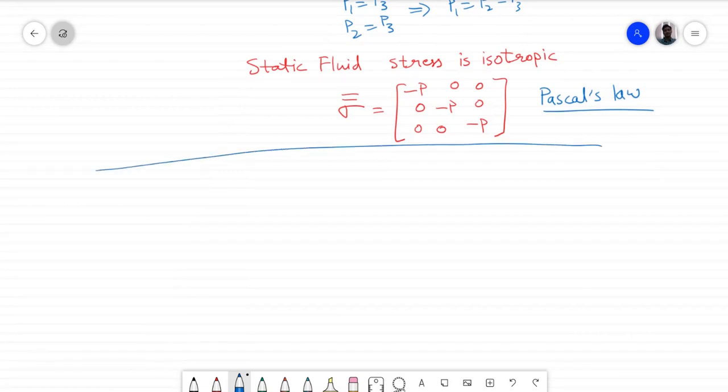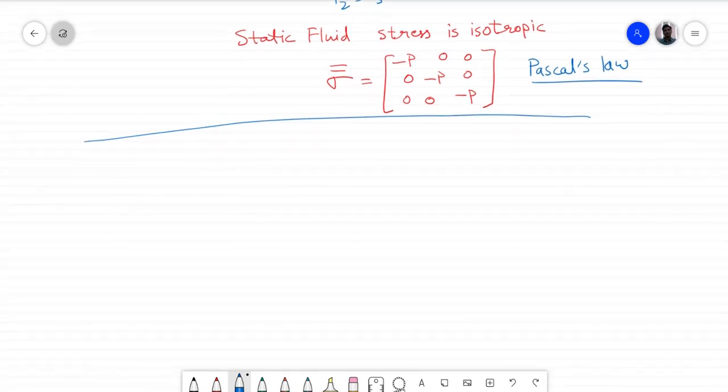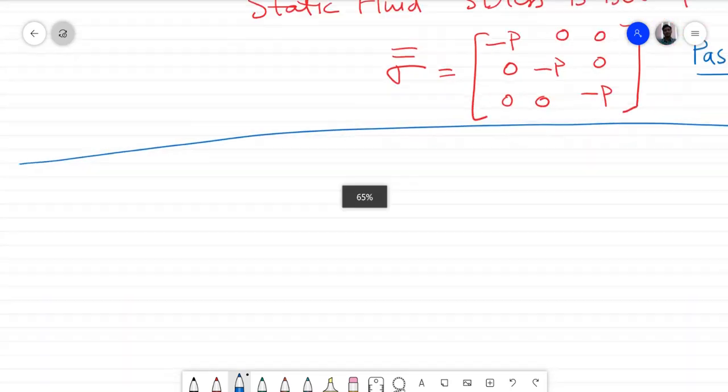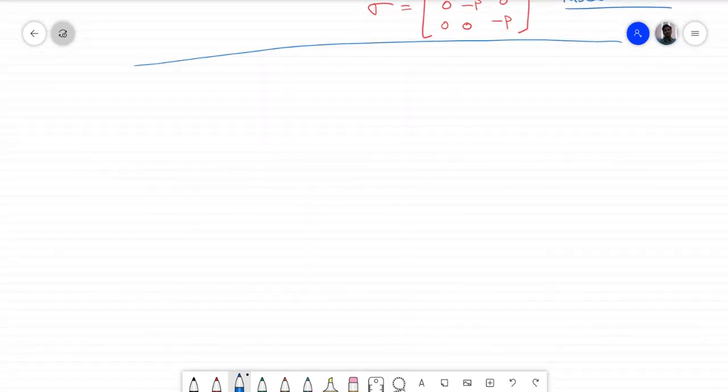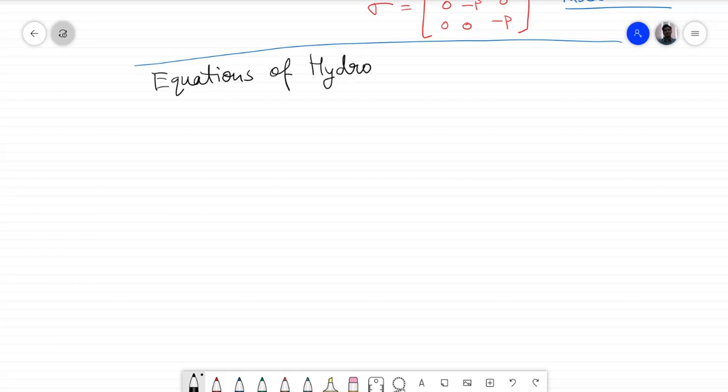Now we'll write some general equations of hydrostatics. Again, just to recap. Maybe you already know this.